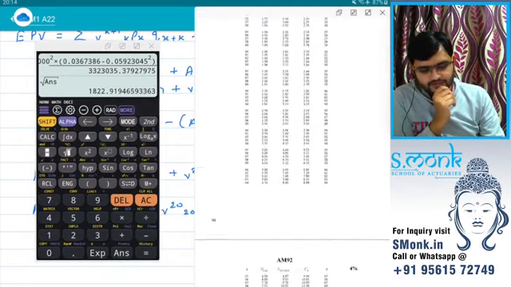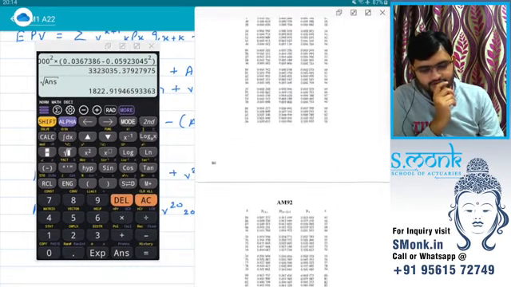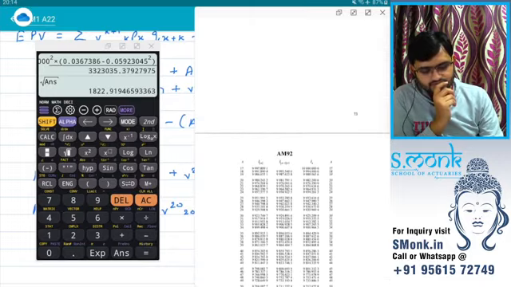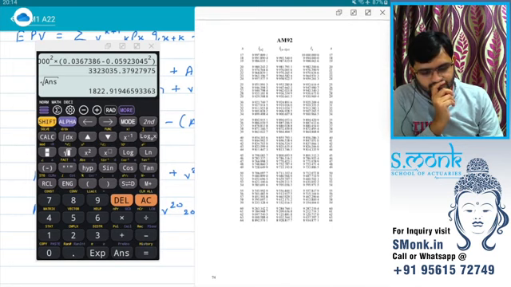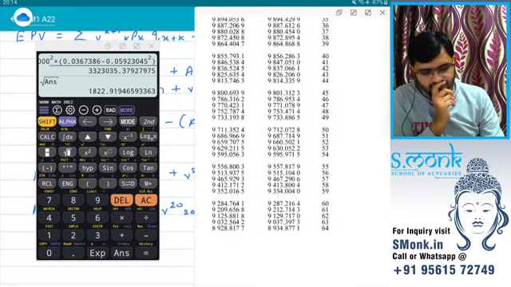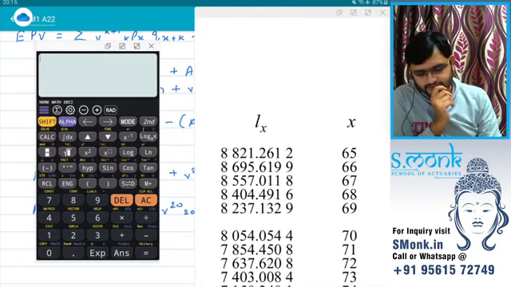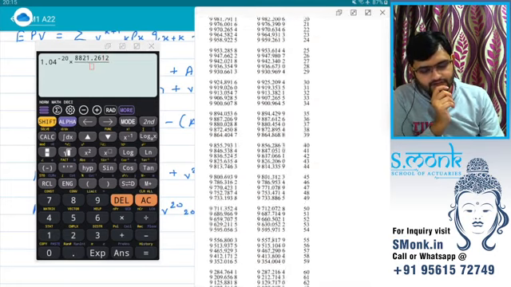So let's first find v raised to 20 20p45. First of all, I'll say 1.04 raised to minus 20 into L65, that would be 8821.2612 by L45.